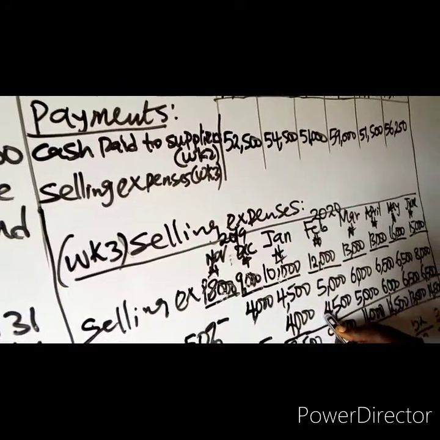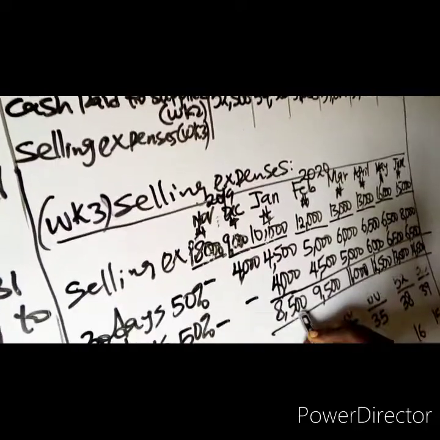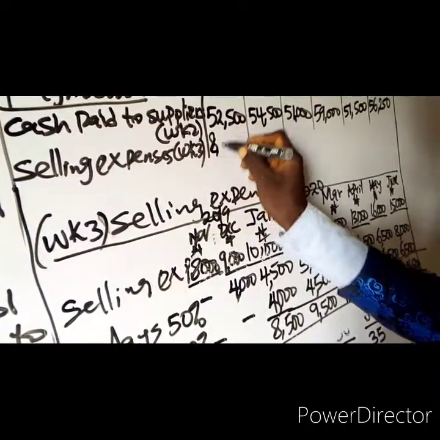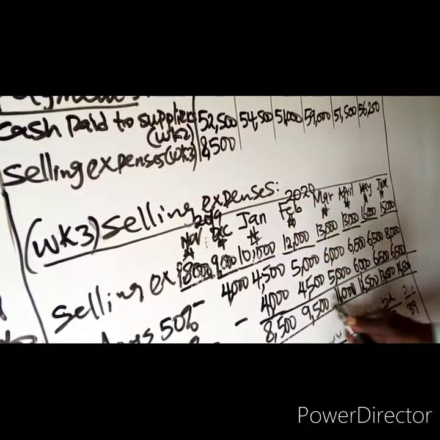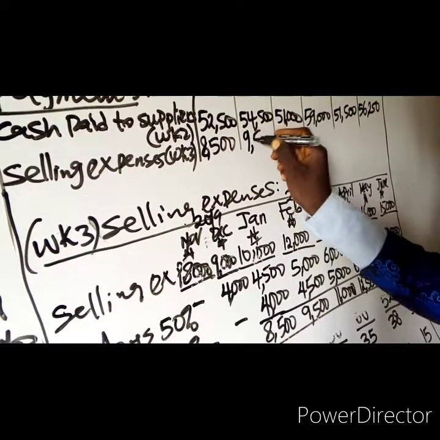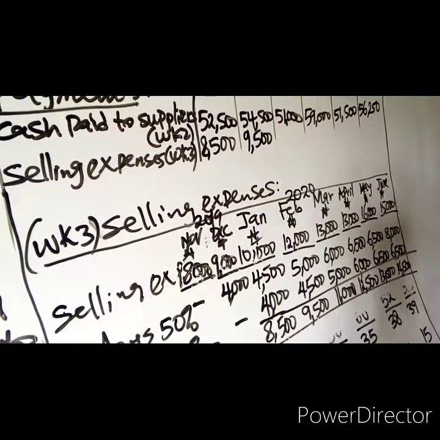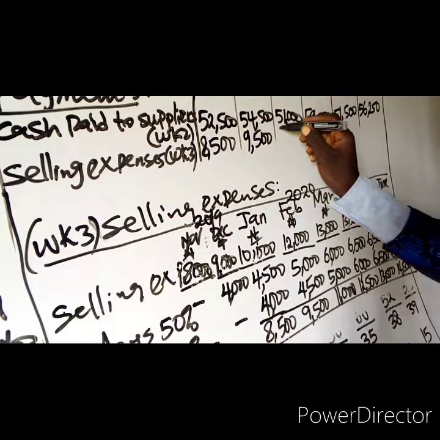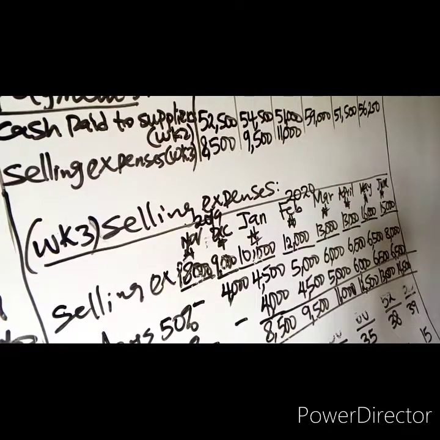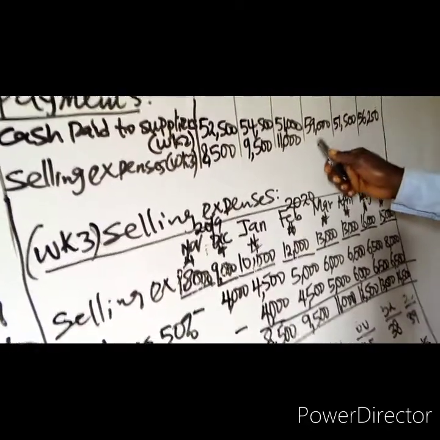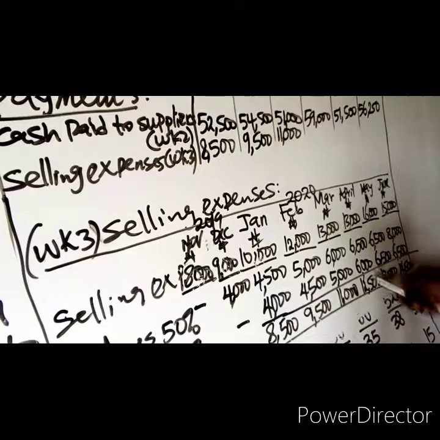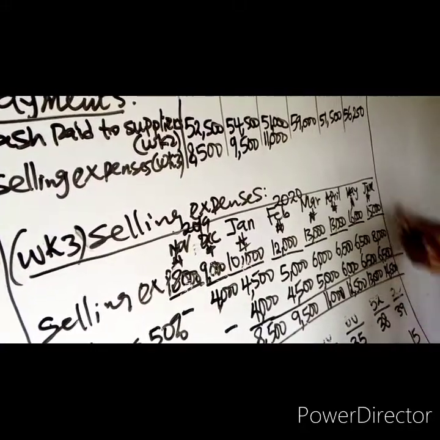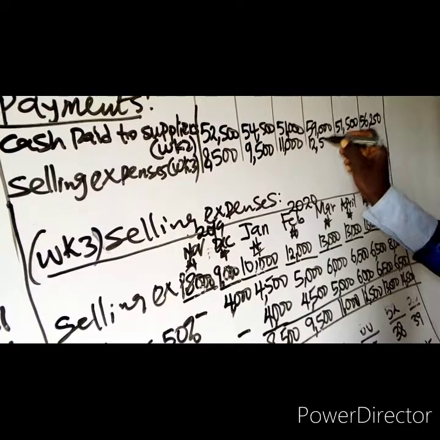January, 8,500. February, 9,500. For March, we have 11,000. Then April, we have 12,500.